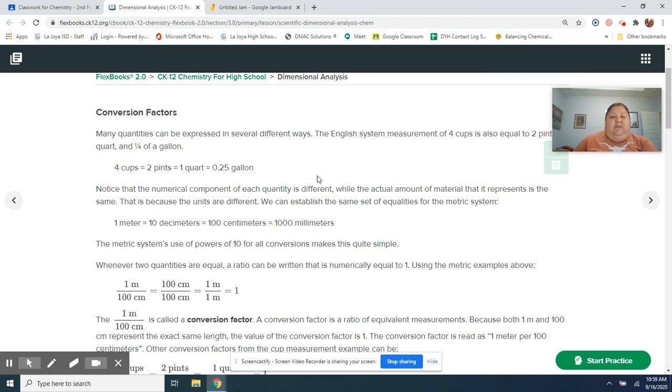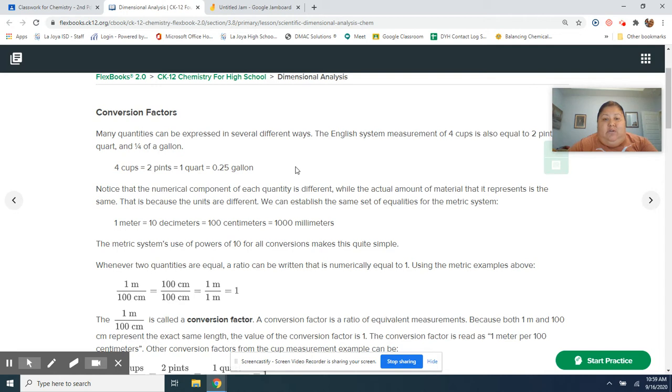Here you have an example of the English system and some measurements that all equal the same value. Okay, so if you have 4 cups or 2 pints or 1 quart or 0.25 of a gallon, it's all the same. Okay, it is all the same.